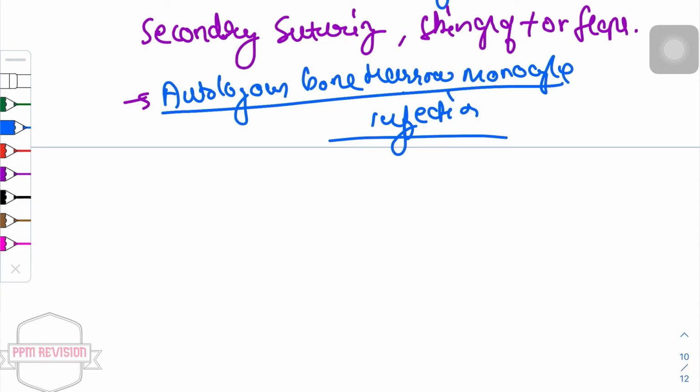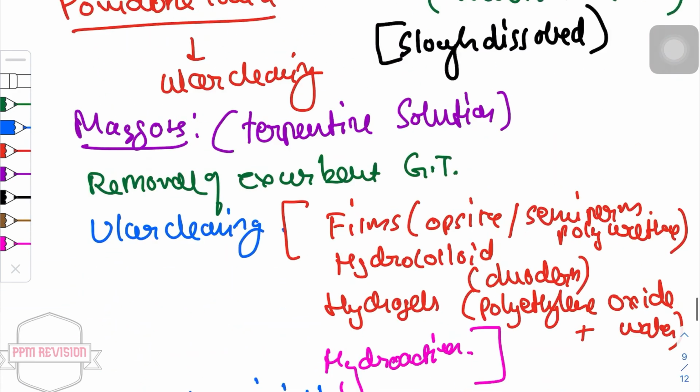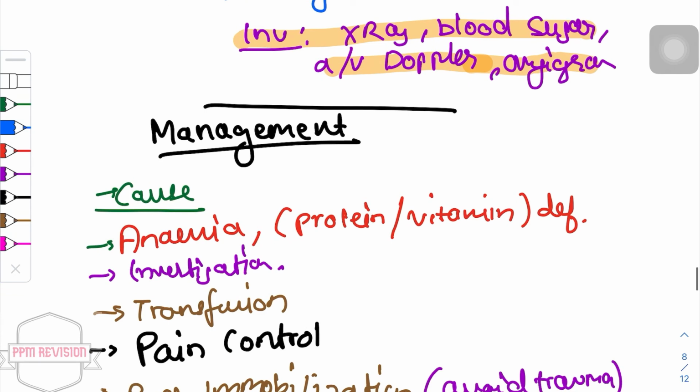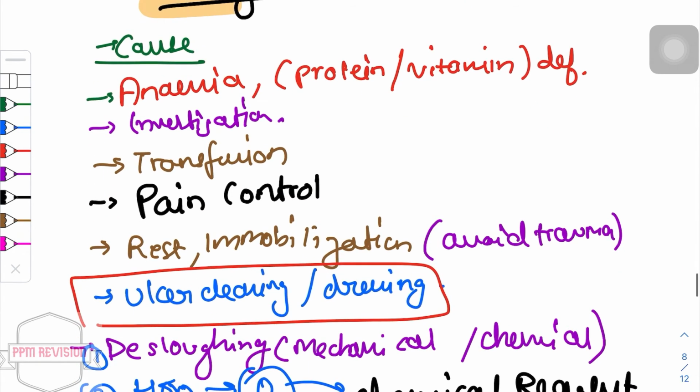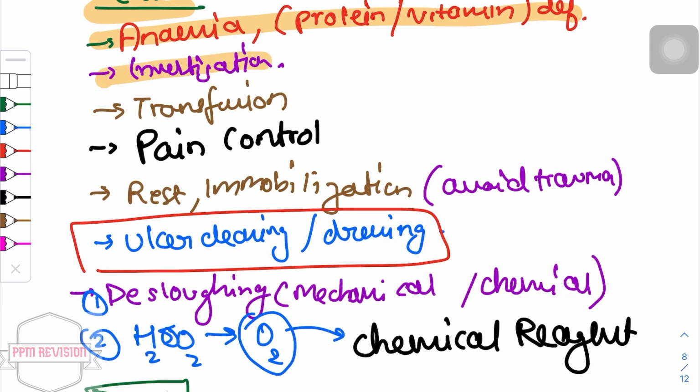Now quickly recapping what we have done. We just spoke about the management part. Here in management we should treat the cause of the disease. In case of anemia and protein vitamin deficiency, it should be looked into. Some investigations should be done.